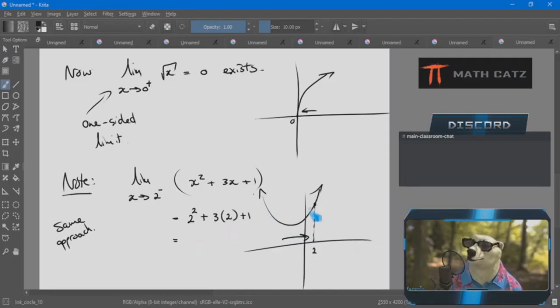The behavior is the same. Whether I just come in from the left or I narrow in on the point from both sides, the behavior is predicting the same thing. So in this case, it's the same as plugging it in because it's a polynomial. 4, 10, 11 exists. So the question isn't changed.